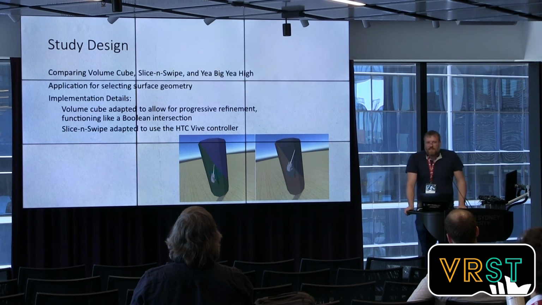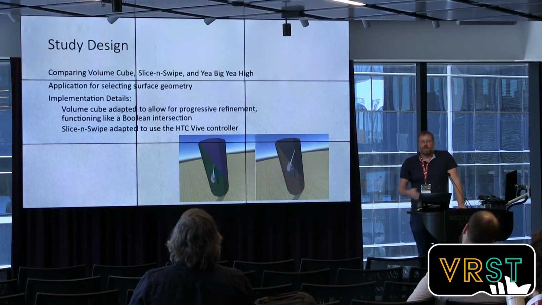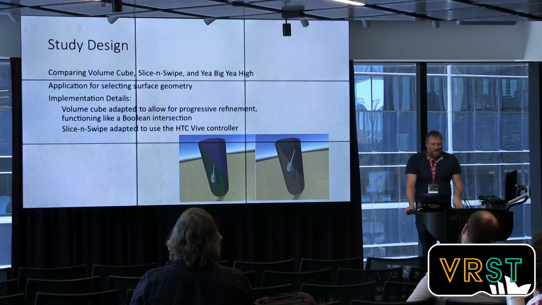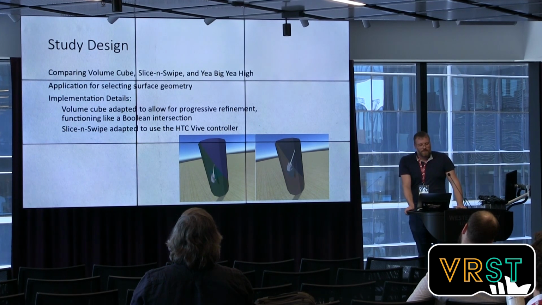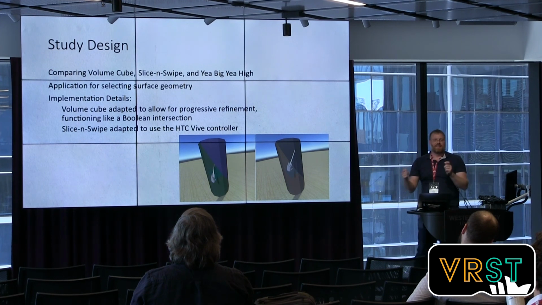The particular application we were interested in was selecting surface geometry, again, thinking about 3D modeling application. And so we implemented all of the techniques, and there are a few different details here. The first is that for volume cube, to try to make a little bit of a fair comparison, we allow you to do progressive refinement. So rather than just being limited to a box region of interest, you can select a box, reposition it, and select again.